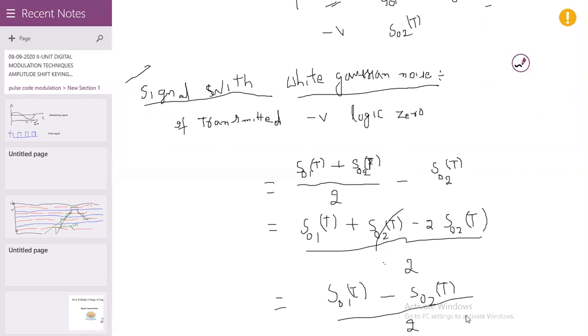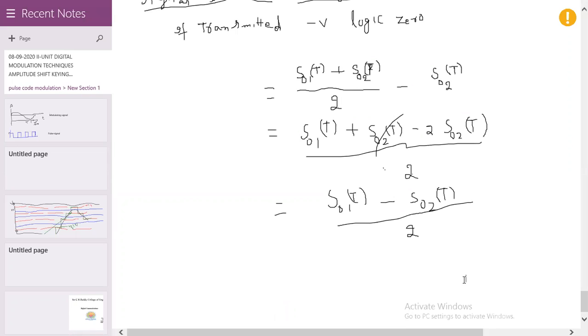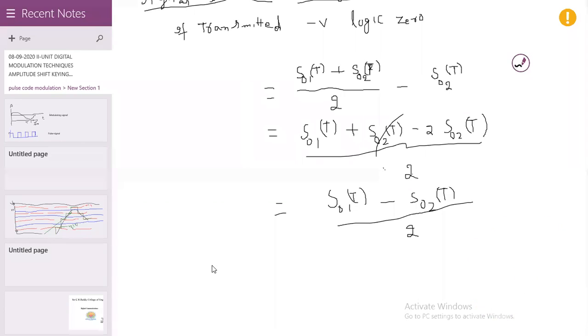So here, this is the noise signal. We can represent that as N naught of t greater than or equal to S naught 1 of t minus S naught 2 of t divided by 2.